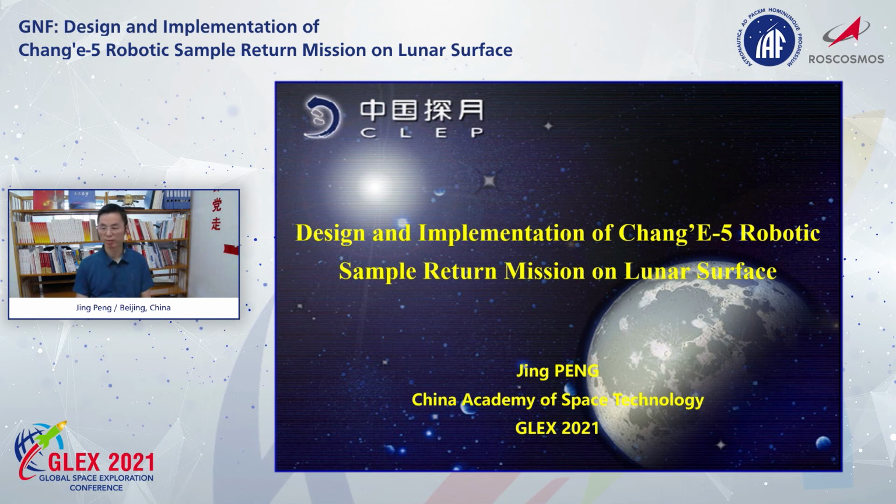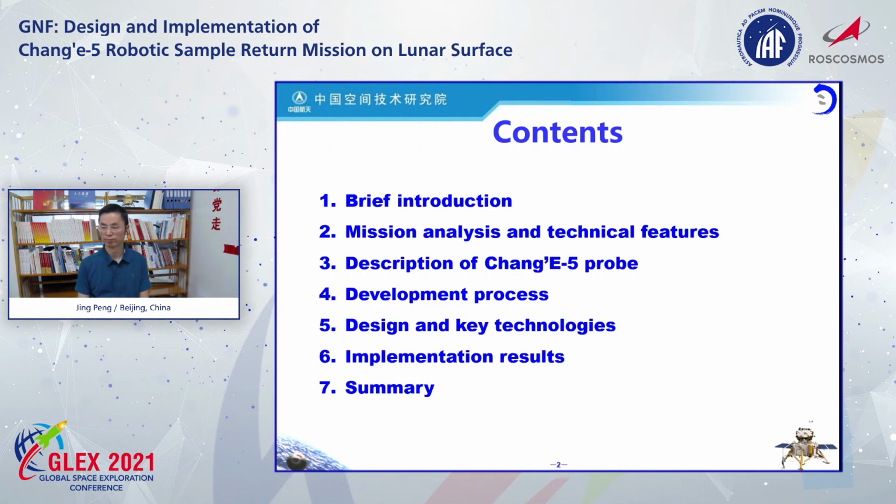Next slide, please. In my presentation, there is a short introduction about the Chang'e-5 mission at first. Then, a summary of technical features and challenges is given after the mission is analyzed. A description of the Chang'e-5 probe will be given, including major specification, configuration, and flight profile.